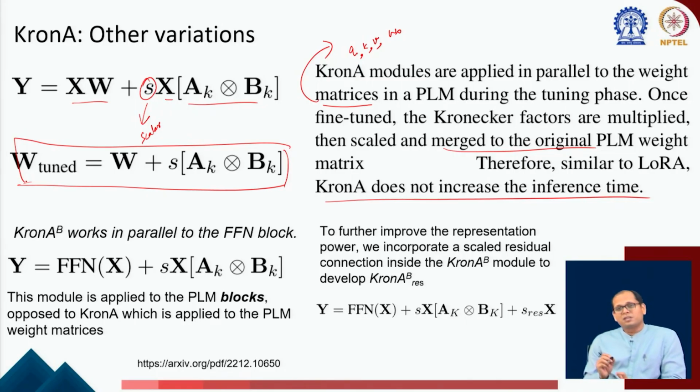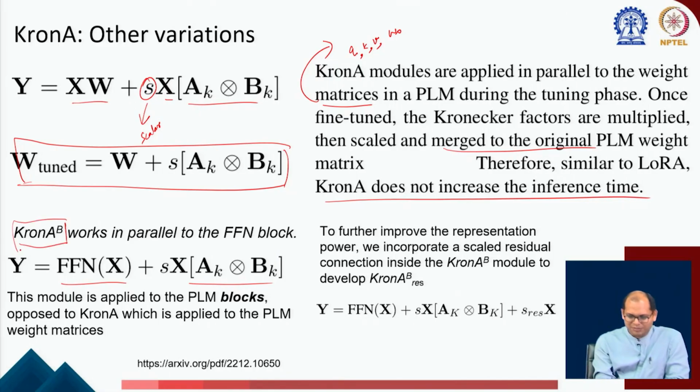Now, this does not adapt the feed forward network. So they also tried variations by adapting the feed forward network, but then you cannot save inference time; you will have to save them separately. It will work like a parallel adapter, so you will not be able to merge these. They call it KronA B for the FFN blocks.